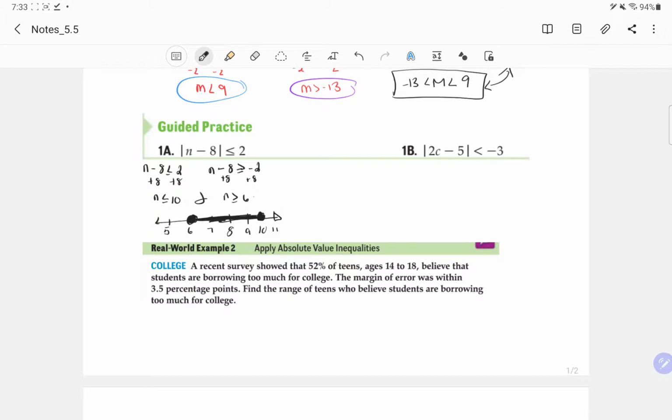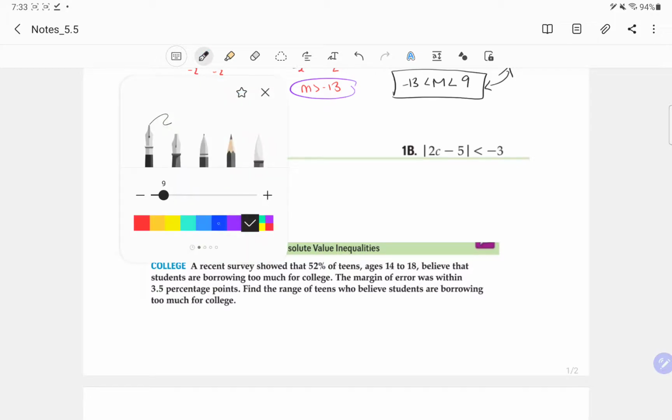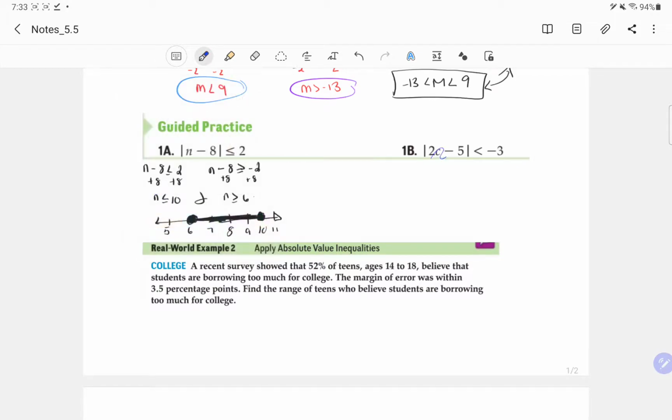For 1B, do not overthink this one. They said the absolute value of 2c minus 5 is less than negative 3. My question for you is, can an absolute value ever come out to be smaller than negative 3? And the answer is no, you can't, because the absolute value always comes out to be positive.